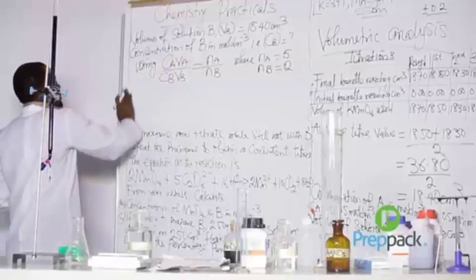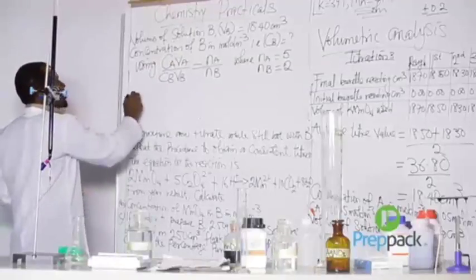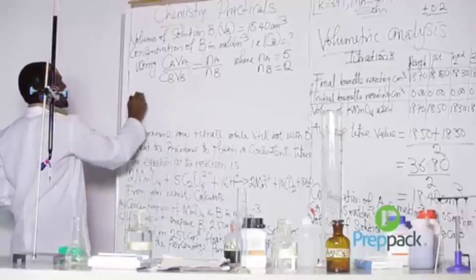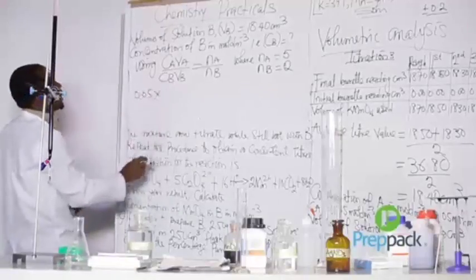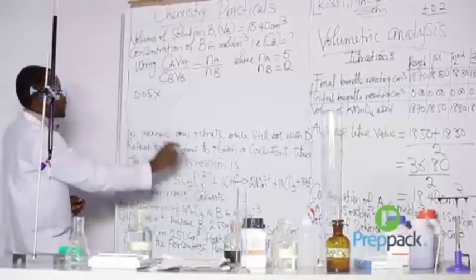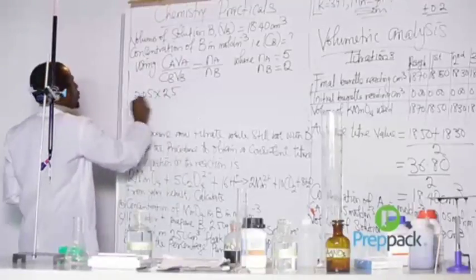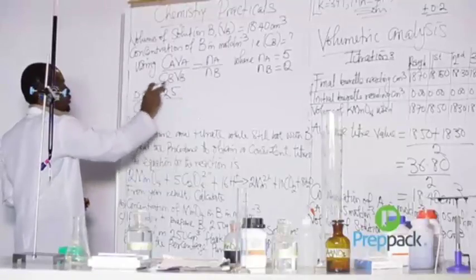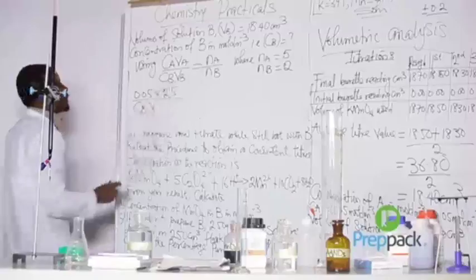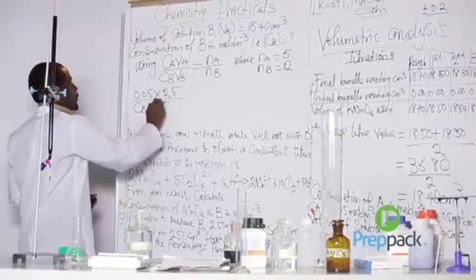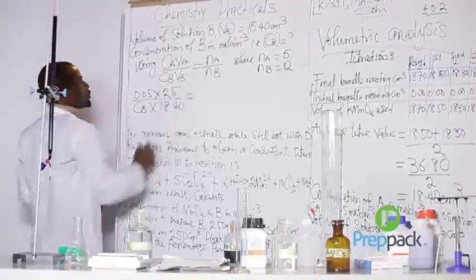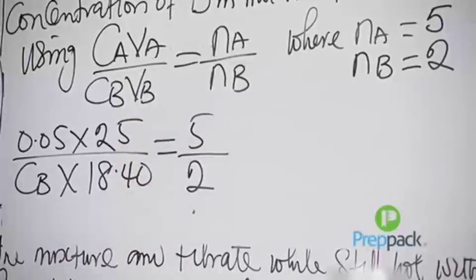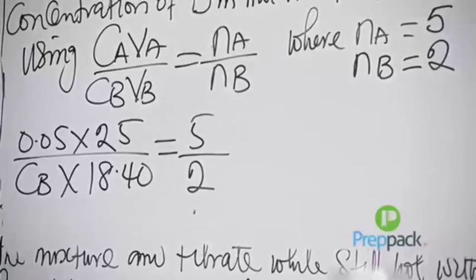So from this, our CA becomes 0.05 multiplied by VA, VA from the question is 25, over the CB, which is what we are to determine, multiplied by VB, which is 18.4, equal to NA is 5 over 2, making CB the subject of the formula.